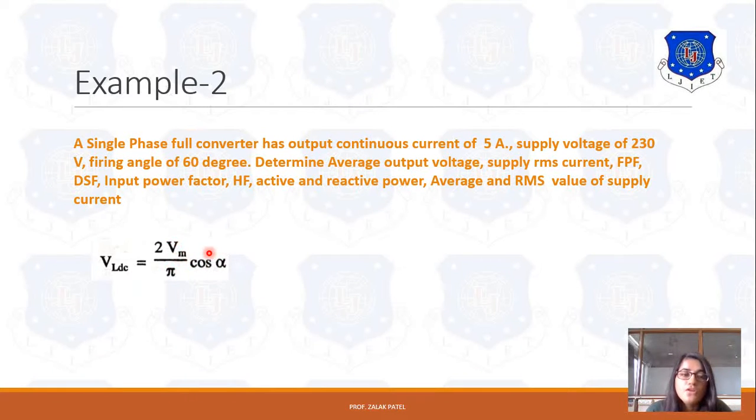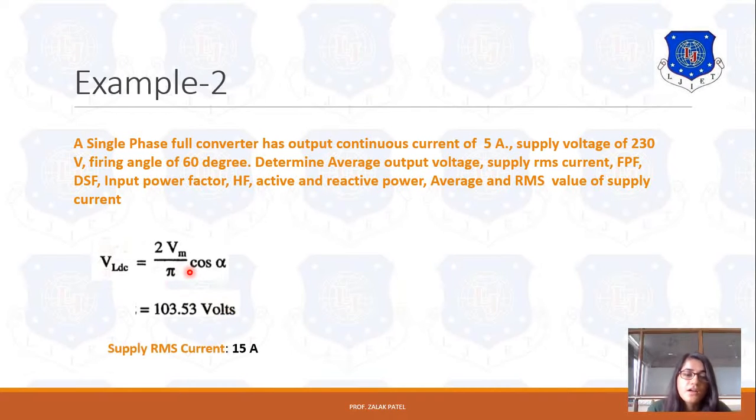The value of alpha is given, means the firing angle, which is 60 degree. So let's put the values: 2 into Vm, which is 230 into root 2, upon pi, into cos 60. If you simplify this, then you get the answer 103.53 volts. This is the VLDC.